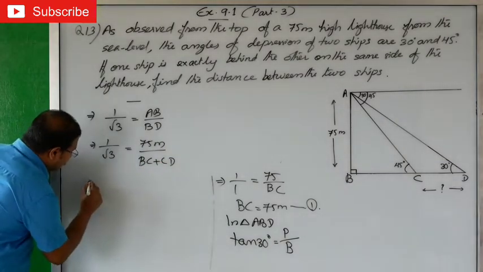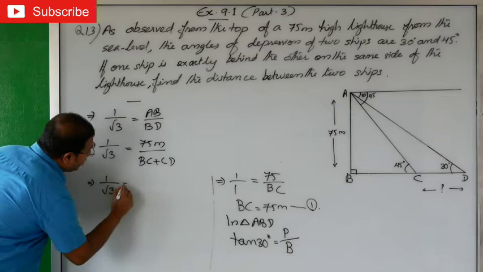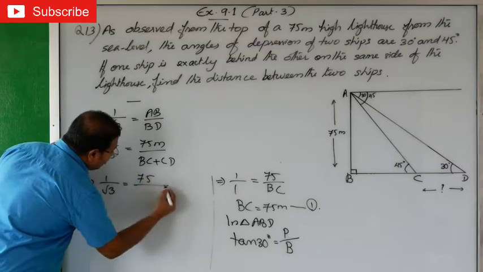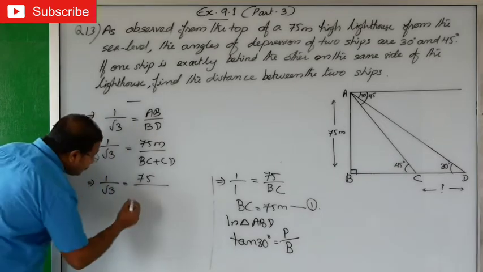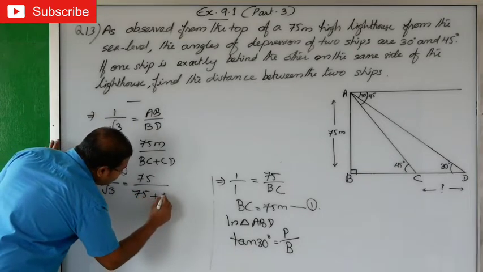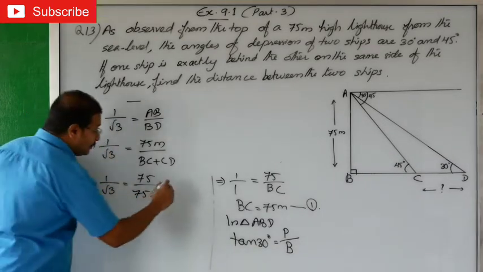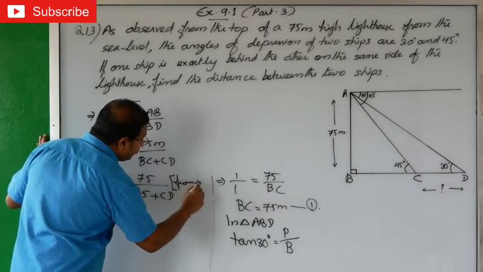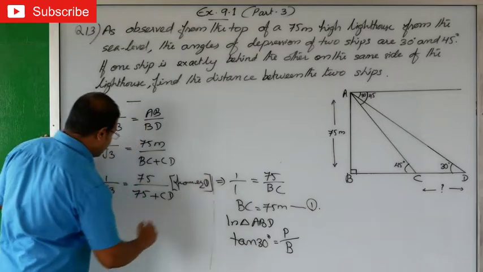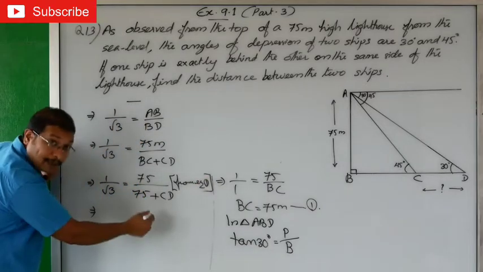This implies 1 by root 3 equals 75 divided by, what is the value of BC? We got it before, isn't it? BC equals 75. So 75 plus CD. CD we need to find out. Here we can write the reason from equation 1. Ready? This implies, let's cross multiply now.